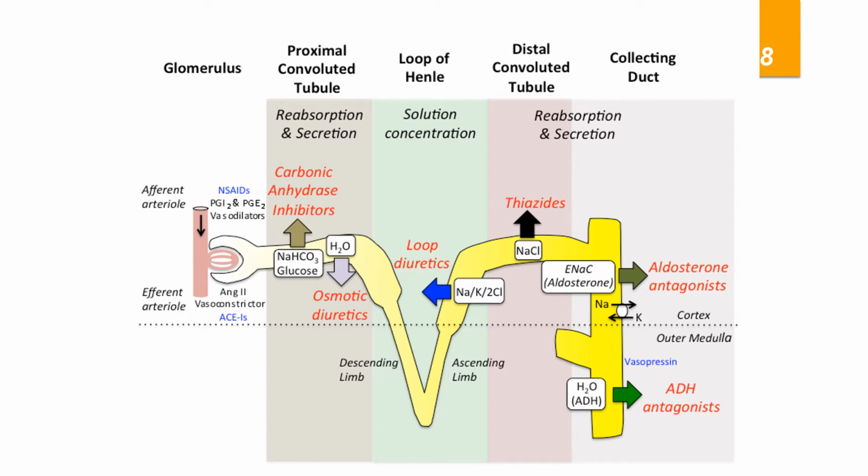The thiazide diuretic works in the distal convoluted tubule, and the aldosterone antagonist and ADH antagonist work on the collecting duct. There is also a mechanism of action in the afferent and efferent arterioles.